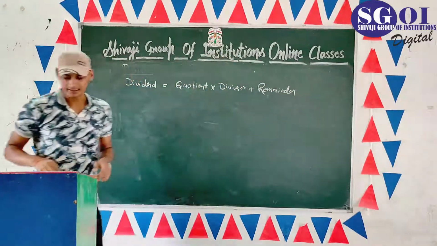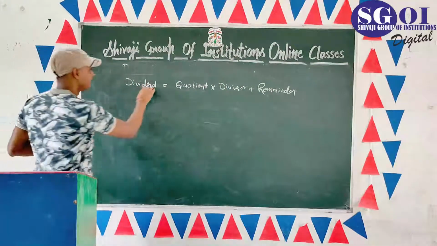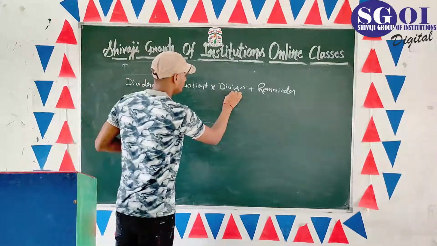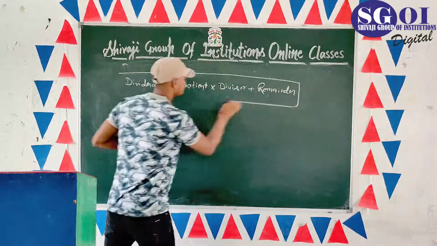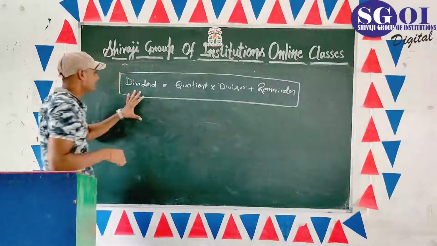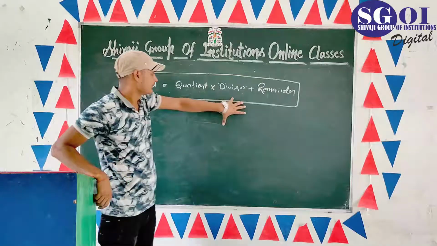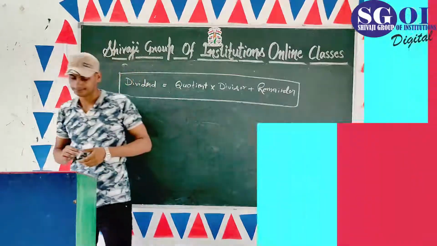Okay students, it's a formula. Dividend is equal to divisor into quotient plus remainder.